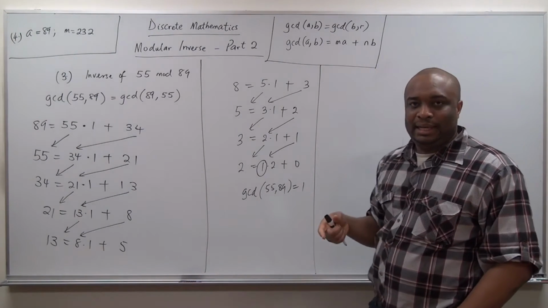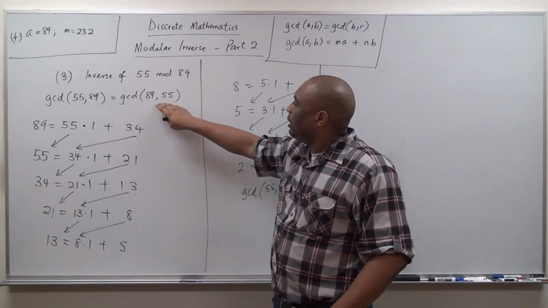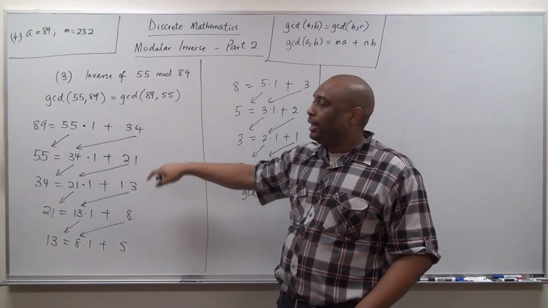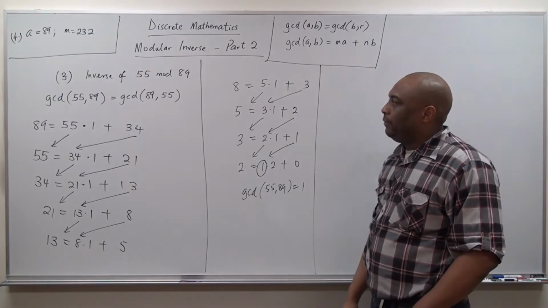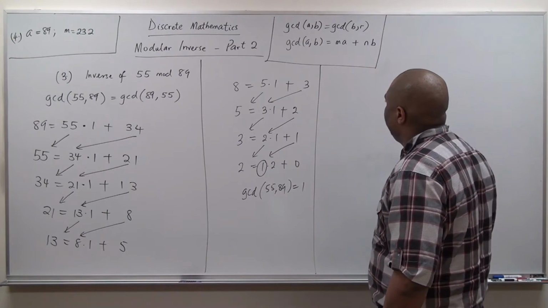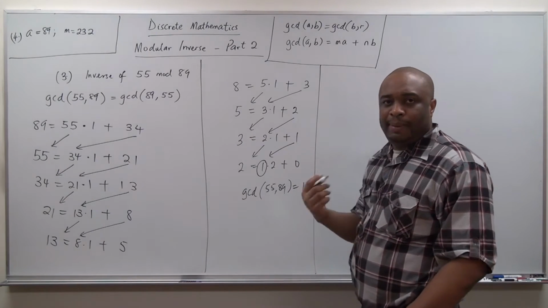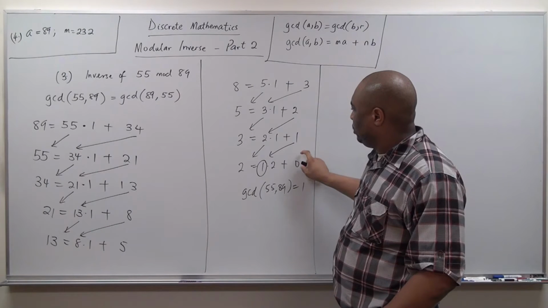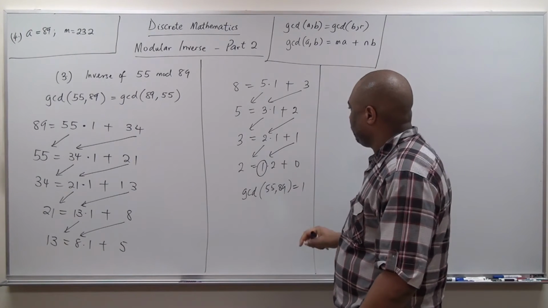And in the last case, we want the dividend and the divisor to also be there, 89 and 55. Okay, so as we work backwards, we don't need this. Actually, we start from here.